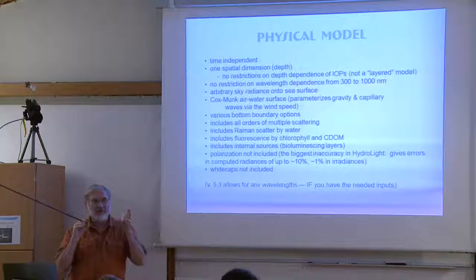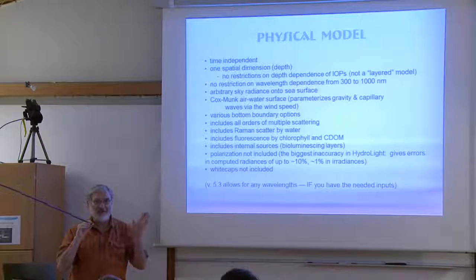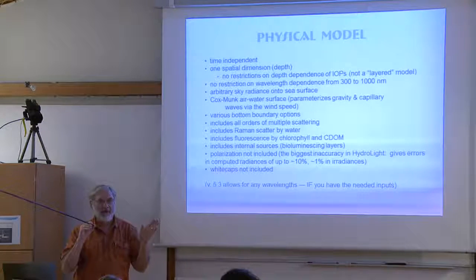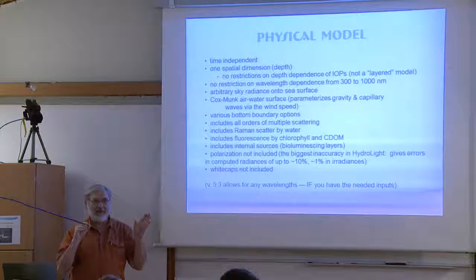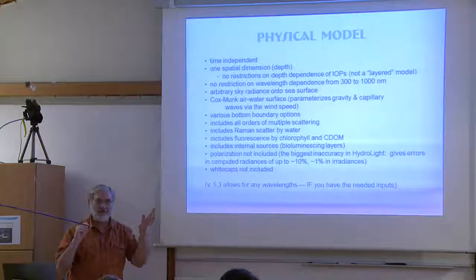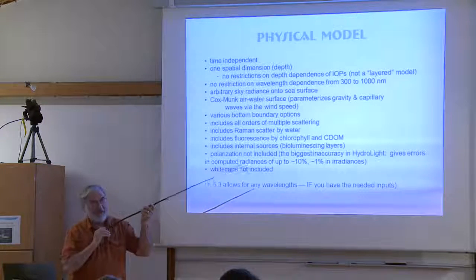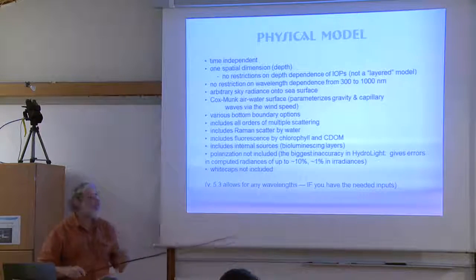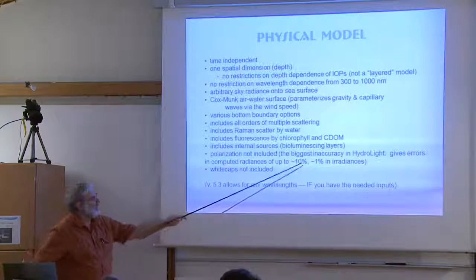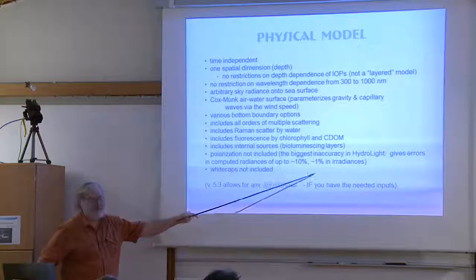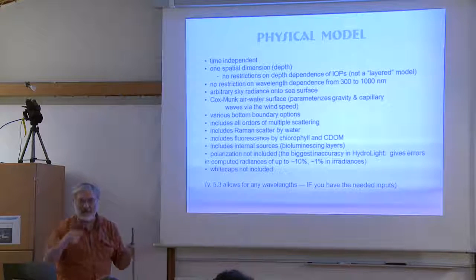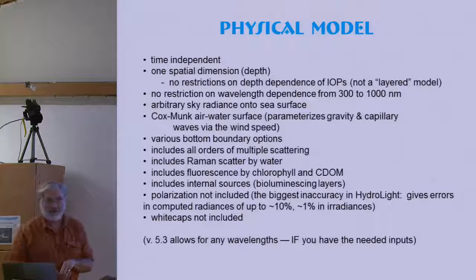That's because polarization is out there in the real world, but when you compute something like an irradiance, you're averaging over all directions. So this being a little big and that being a little small tends to average out, and your irradiances will be good to within maybe 1%, even though the radiance in a particular direction is maybe only good to 10 or 15%. So that's not a big problem.